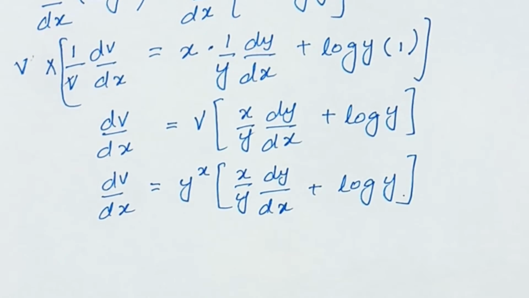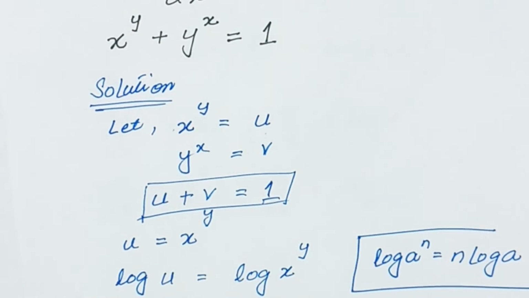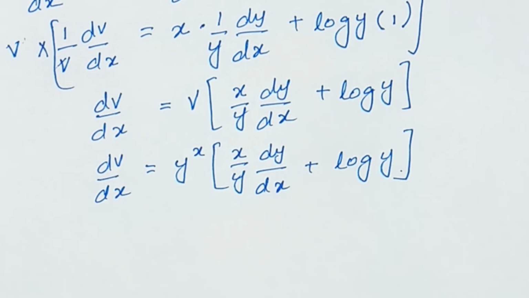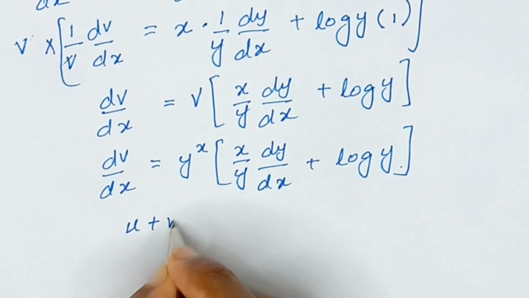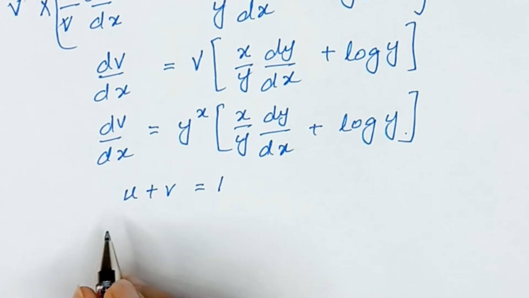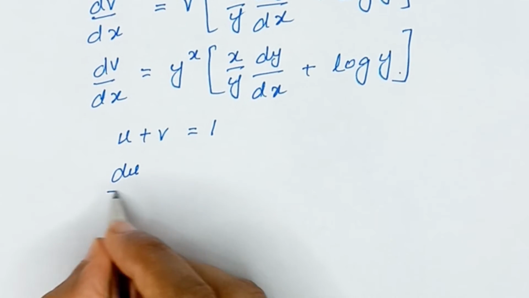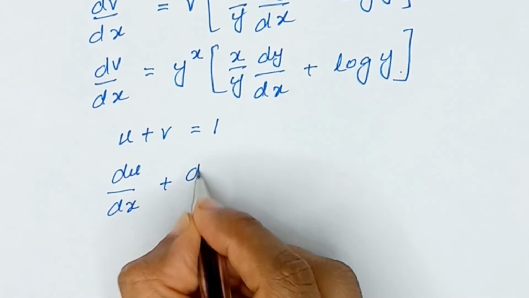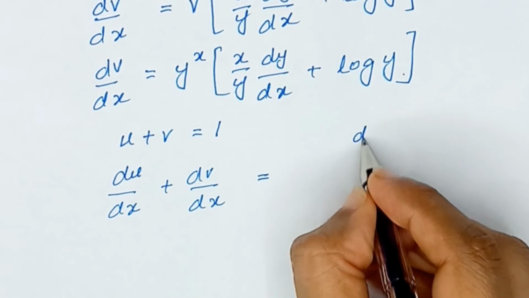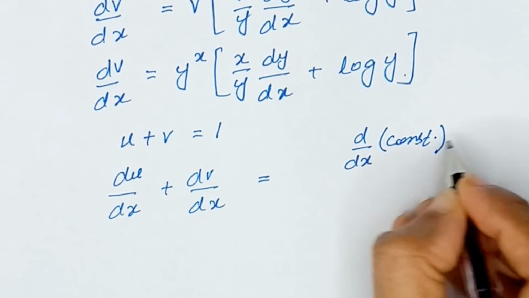Okay, now here we have the equation u plus v is equal to 1. Now differentiate this equation with respect to x, so it will become du divided by dx plus dv divided by dx is equal to the derivative of any constant, which is equal to 0.